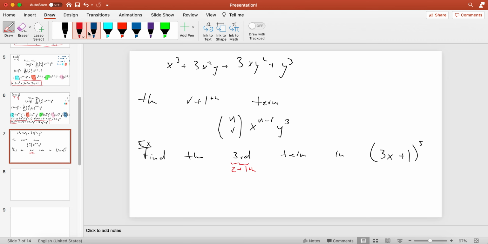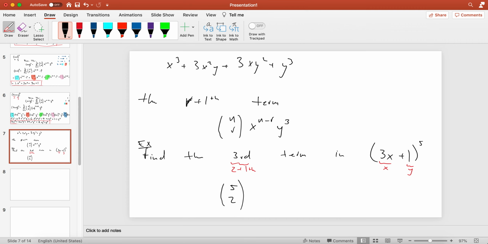Because I know the r plus 1th term is given as this thing. So what this is telling me is my n is 5 here, so I need to do 5 choose 2 of, here my x is 3x, and here my y is 1.